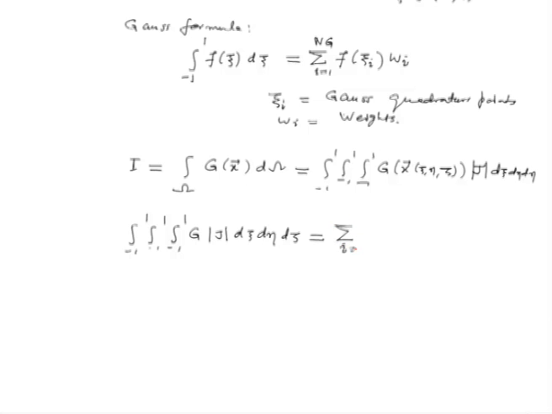Let us say sigma i is equal to 1 to n1, sigma j is equal to 1 to n2, sigma k is equal to 1 to n3.